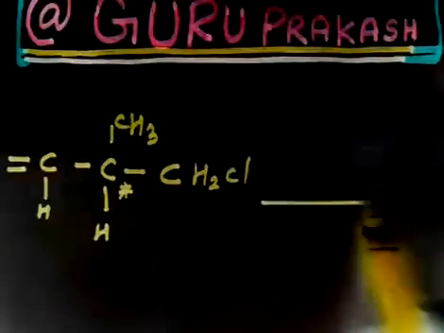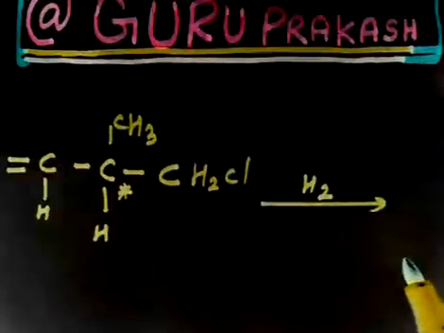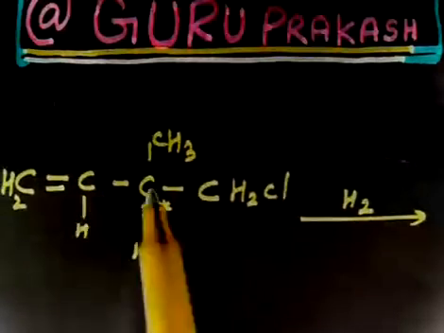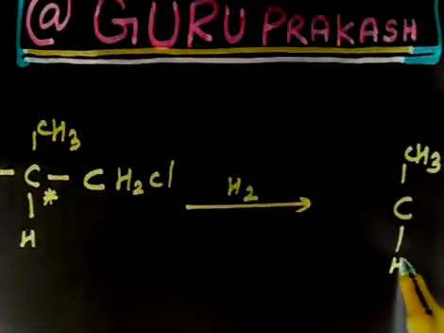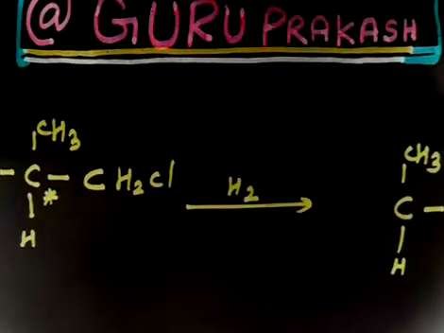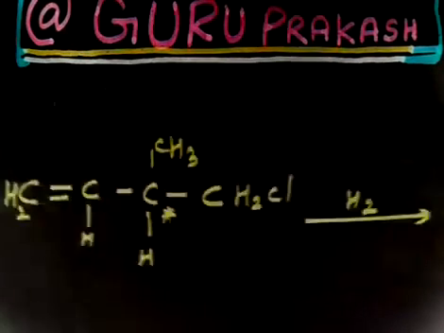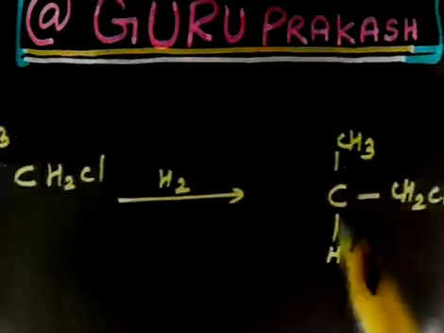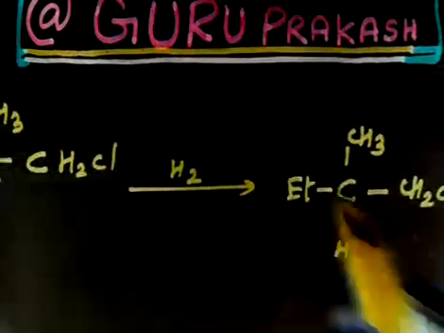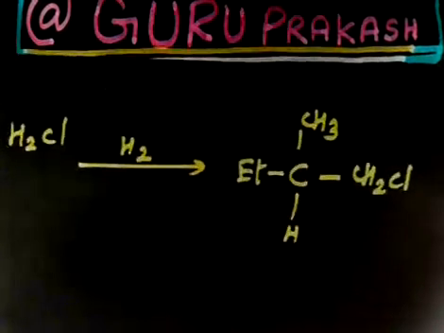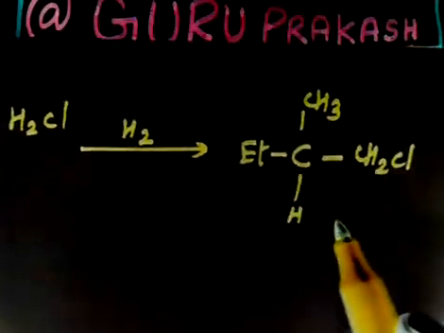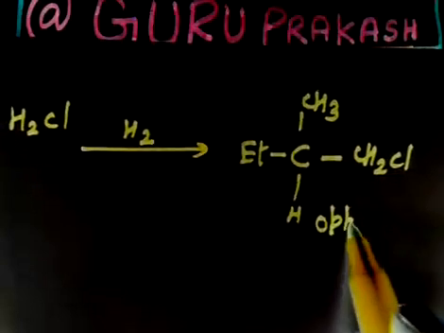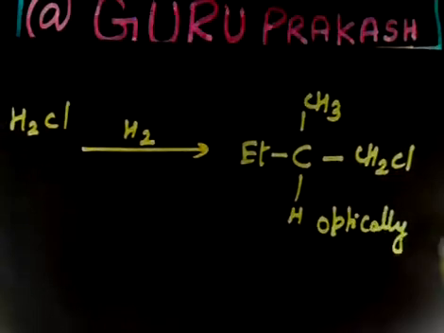Now if you do hydrogenation, you still have a compound that is optically active because this carbon will contain CH3, hydrogen, and this side you will have CH2Cl, and this side you will have CH2CH3, that is the Et group. Are you getting? So you have 1, 2, 3, 4, 5 carbons. So this is still optically active. Are you getting or not?